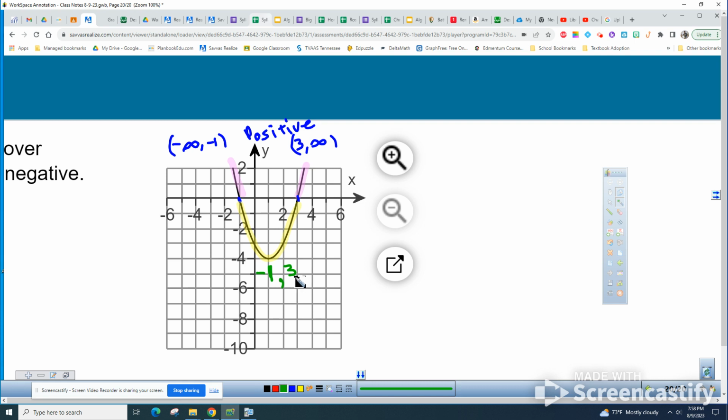Notice the same numbers, but instead of infinity up to -1 and 3 to infinity, we're going to go from -1 to 3. We can't include 0 because that would be 0, not positive or negative. So this would be the negative section. Not to be confused with decreasing, which would be the entire left side, and the increasing would be the entire right side. But I think that's what's going to fill in those blanks.